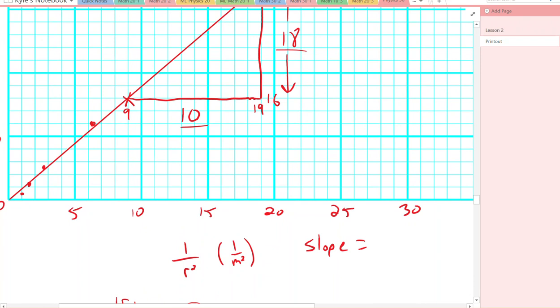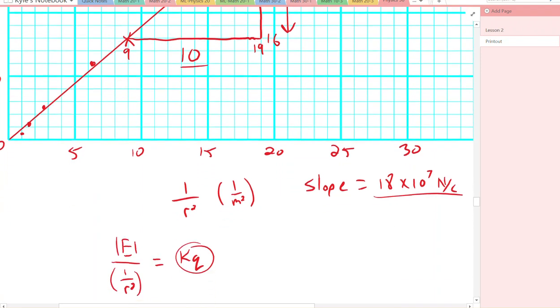That's going to be 18 times 10 to the 7 newtons per coulomb, over 10, which is nice, and then the units are 1 over r squared, or r to the negative 2.